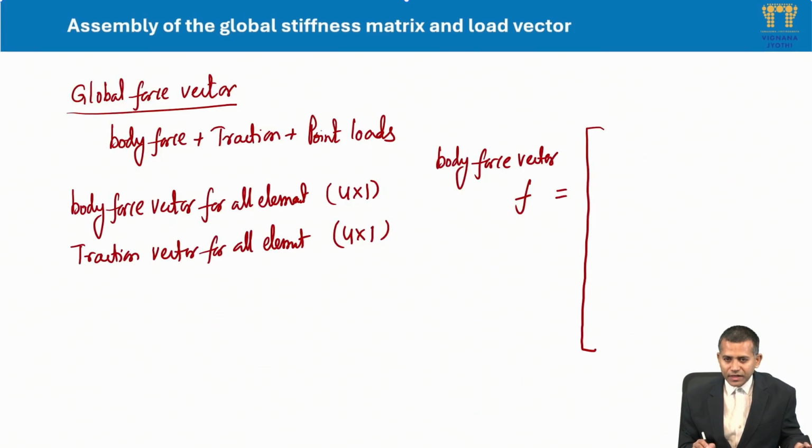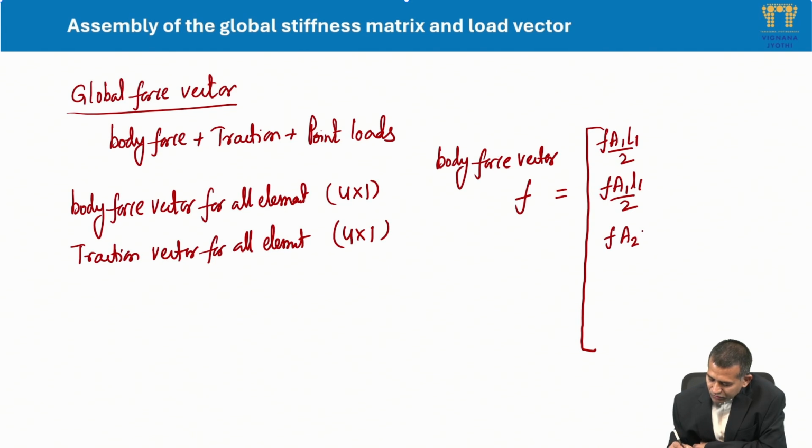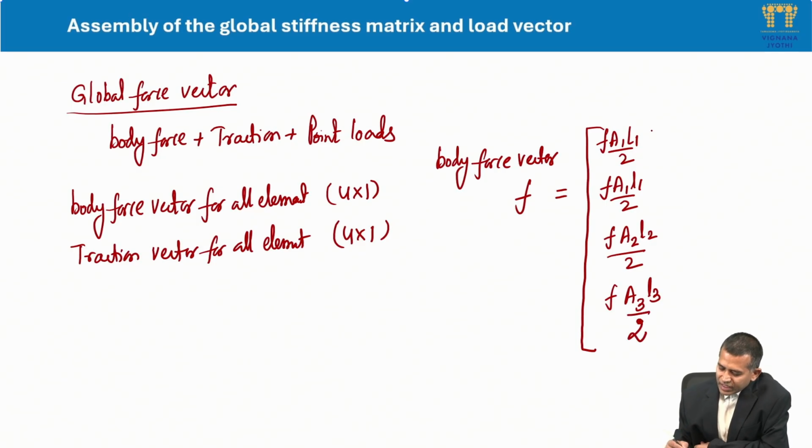So if you write that expression, we can write this one as F A1 L1 by 2 at node 1, and at node 2 we have F A1 L1 by 2 and F A2 L2 by 2, and F A3 L3 by 2. So these are at nodes 1, 2 we have, right?